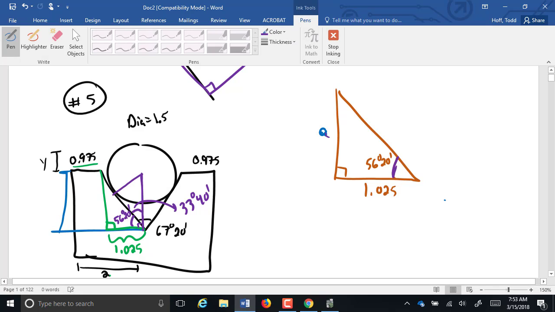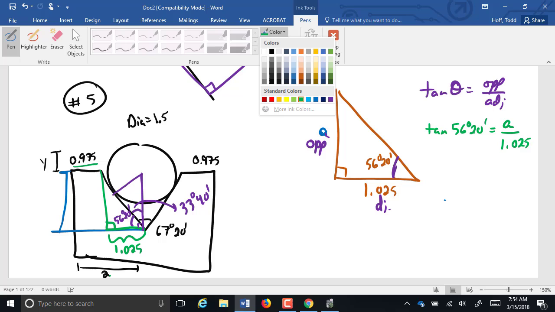Well, this is my angle, so A would be the opposite. 1.025 would be the adjacent, which is tangent. Filling in what I know, we have tangent of 56 degrees 20 minutes equals the opposite, side A, over the 1.025.